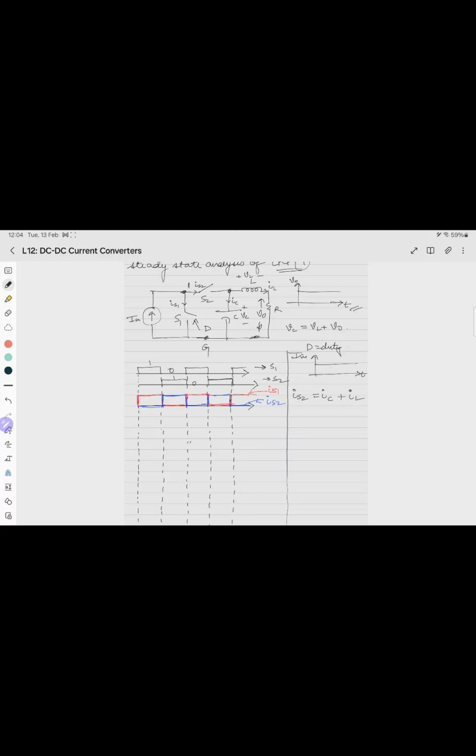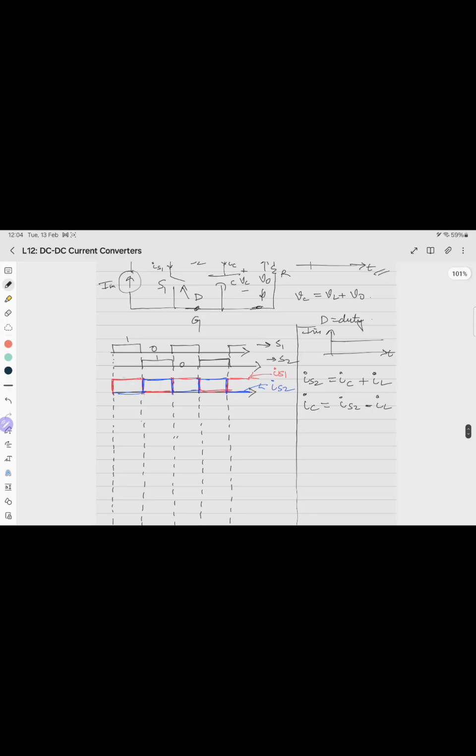IS2 is IC plus IL. So now I want to do the amp-second balance for this. So what I will write is that IC will be IS2 minus IL. This I can write simply.